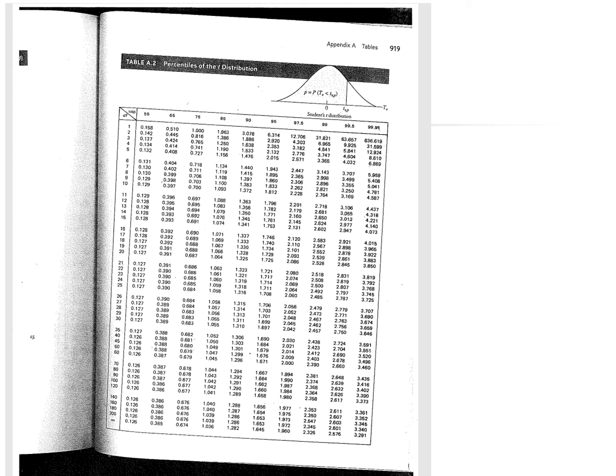So the area to the left of 3.4 is 0.9995. It means the area to the right, which would be the p-value, is 0.0005. And we actually know it's smaller than 0.0005, but we don't know how much smaller because our table's somewhat incomplete.